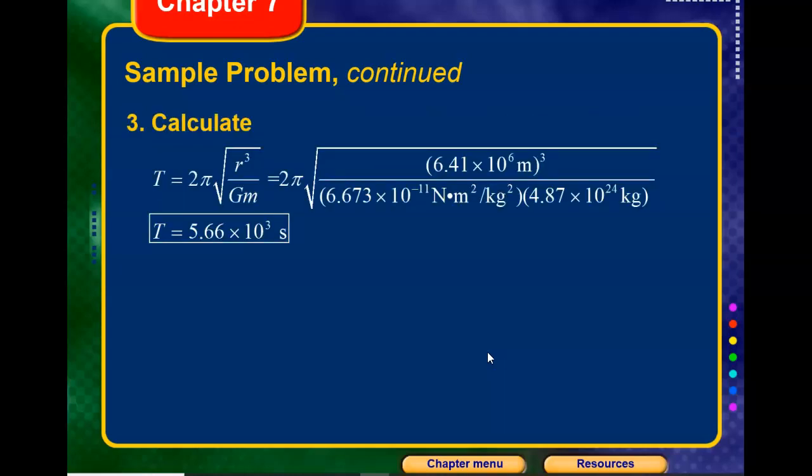So then to calculate it, we put it into this long big equation here. The radius is now the sum of the radius of the planet and the altitude, with the gravitational constant and the mass. We take that, times 2 pi, and we get that it has an orbital period of 5.66 times 10 to the 3rd seconds. So 5,660 seconds.